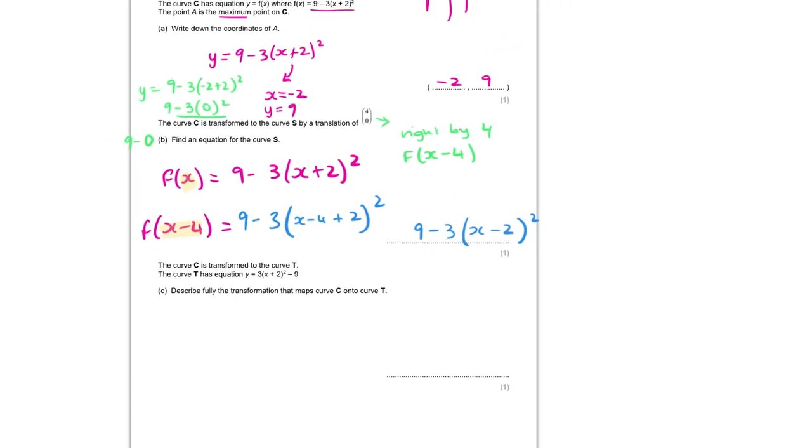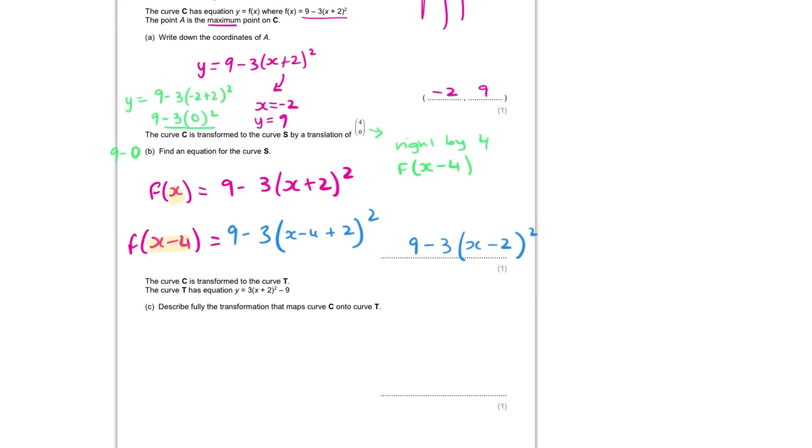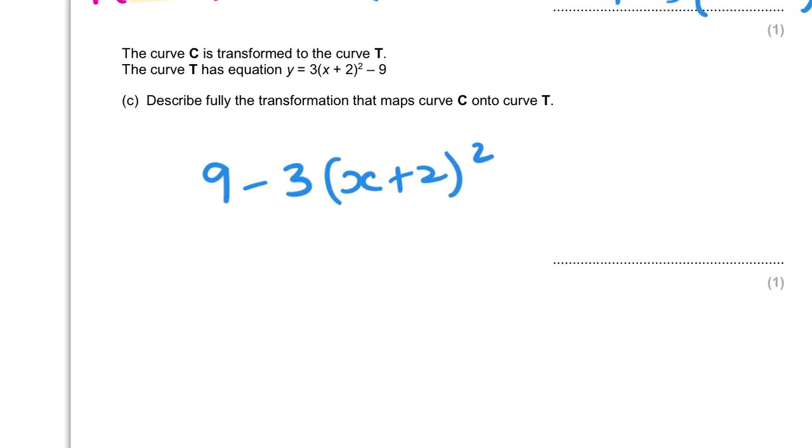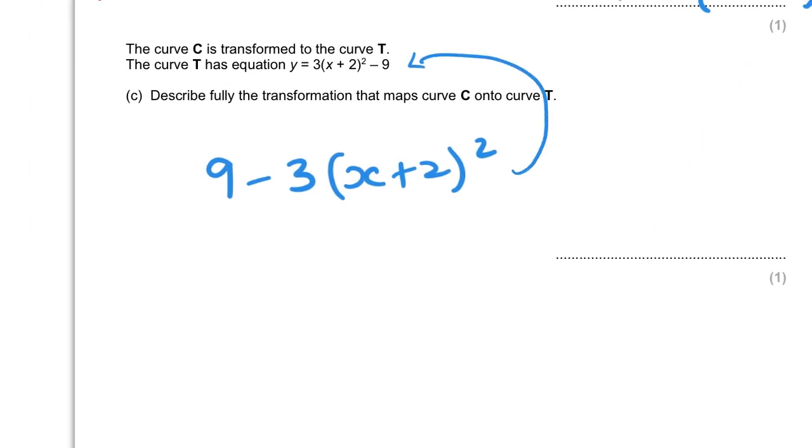Right, next up, it says the curve C is transformed to the curve T. The curve T has this equation now. So remember, before it was 9 minus 3 x plus 2 squared. Now it's gone from this to this. Guys, can you tell me what's happened? It went down by 9 and enlarged by 3.